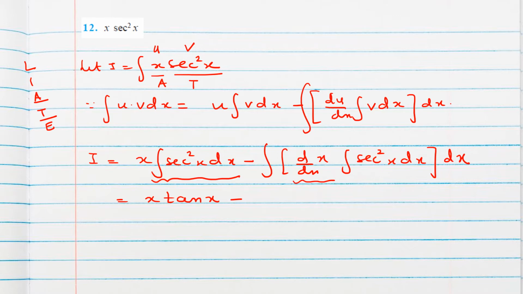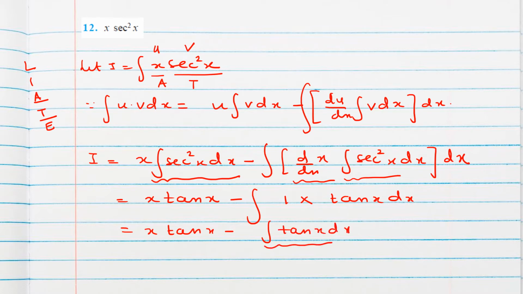For this derivative will be 1 into, for this we have direct formula. Okay, so now x tan x minus integral tan x dx. So for this also we have direct formula, that is log of sec x plus c.